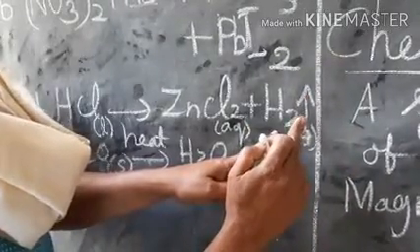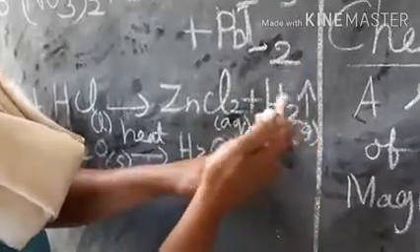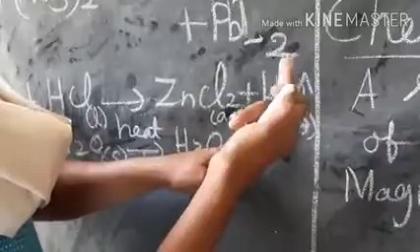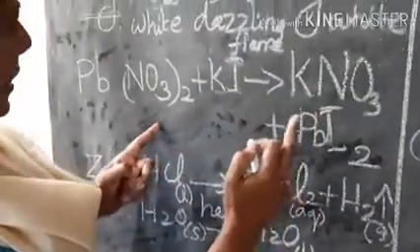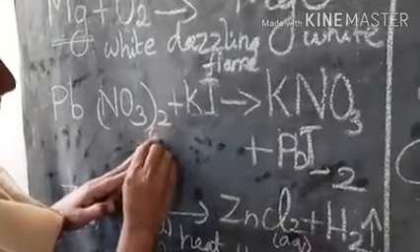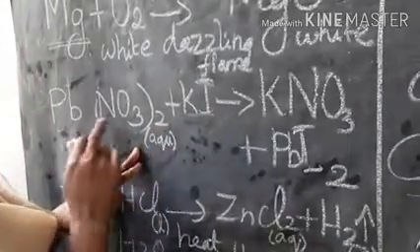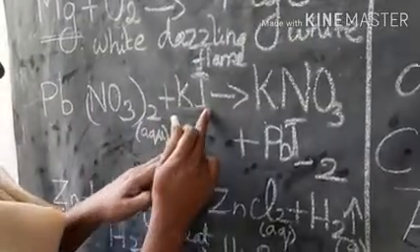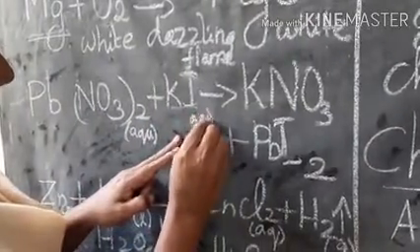That means this symbol indicates it is going up, since gas is a lighter substance, it is moving up. Suppose in the second equation, let us see lead nitrate. It is taken in the form of aqueous. That means lead nitrate is dissolved in water, and potassium iodide also in aqueous form.